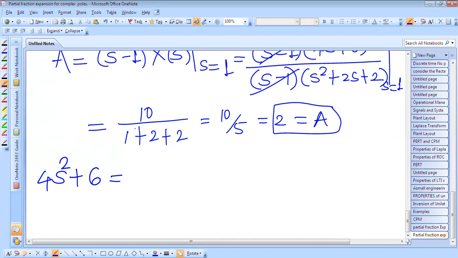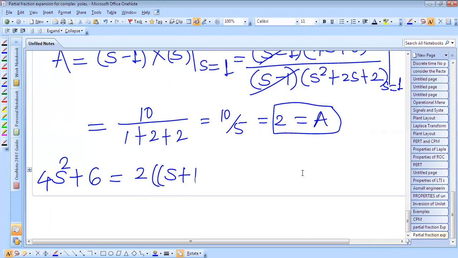Okay, so equate the numerators of both sides of this equation. Therefore it is 2 into, after substituting the value of A, (s² + 2s + 2). I will take one more step for simplification purposes.